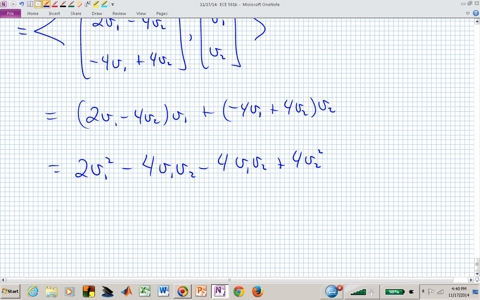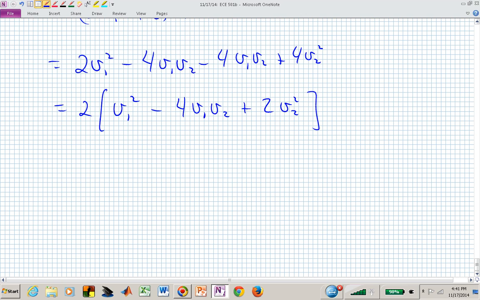Make sure I'm staying awake here. Let me factor out a 2. I have v1 squared minus 4v1 v2 plus 2v sub 2 squared. And now if I tried to complete the square, since that worked so neatly before, now I would have v1 minus 2 v sub 2 squared, and I have to add back in, or algebraically make that an addition of 0, essentially.